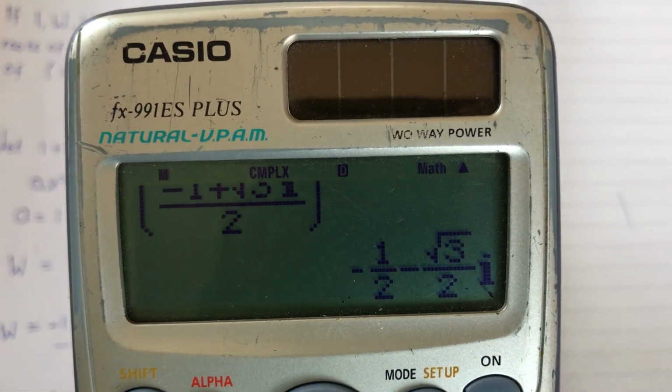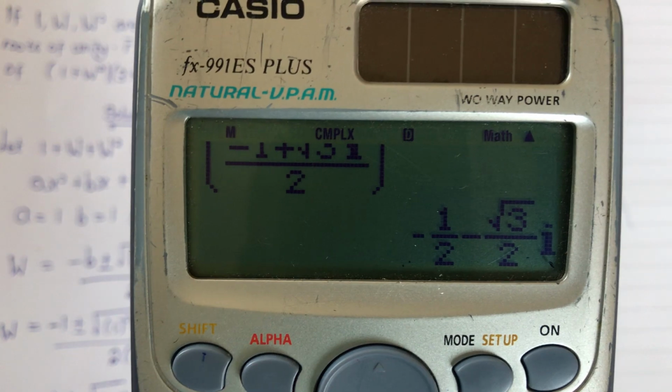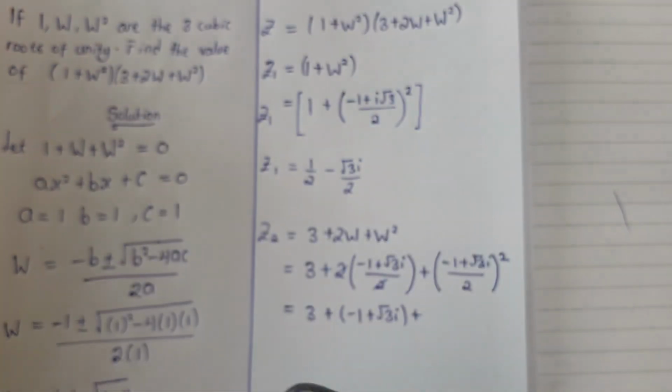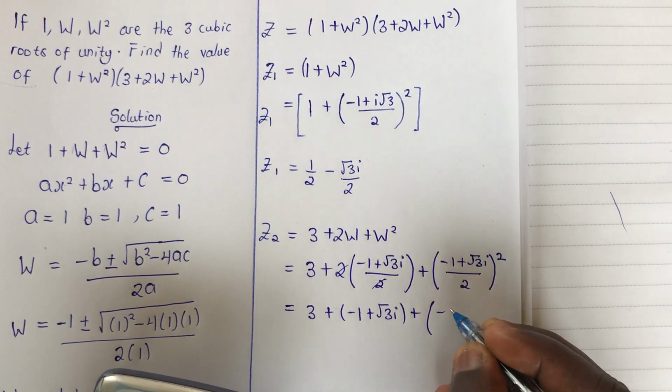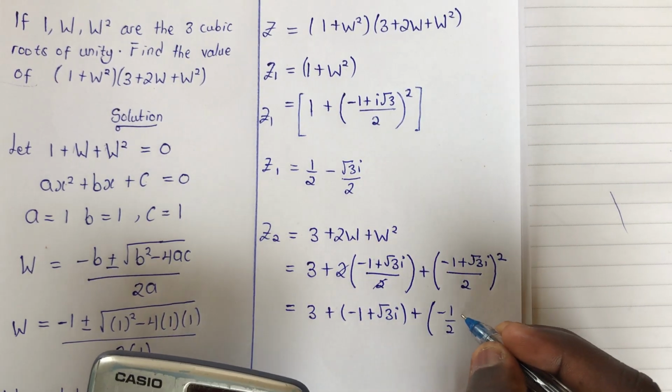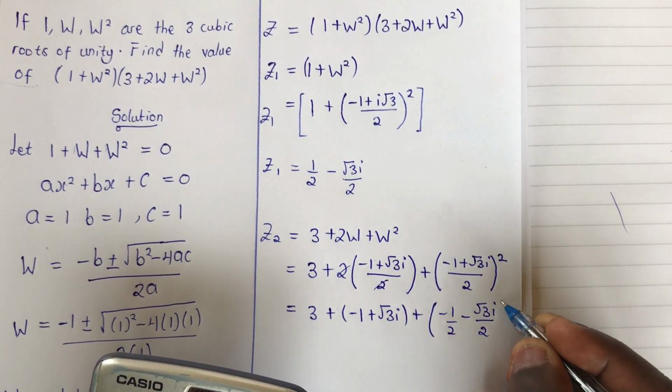The result is giving us negative 1 over 2 minus root 3 i over 2.